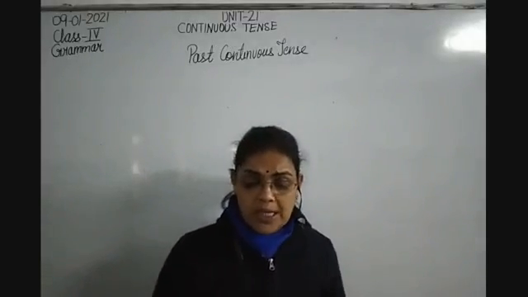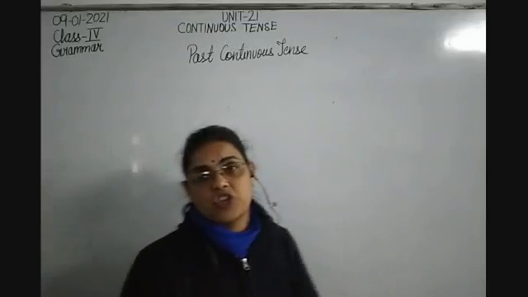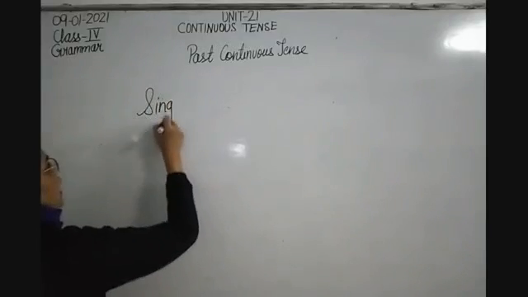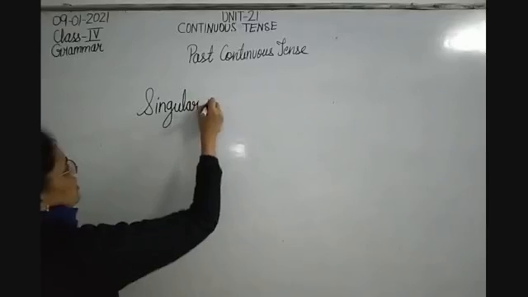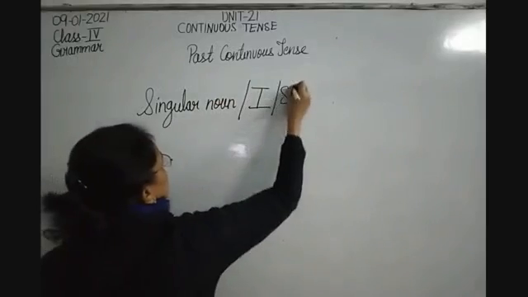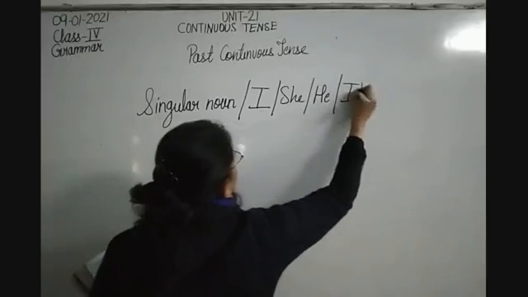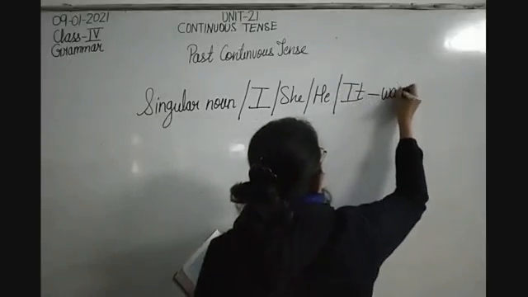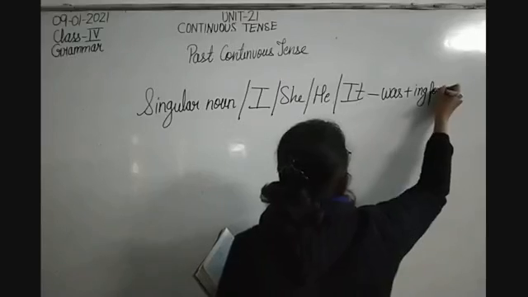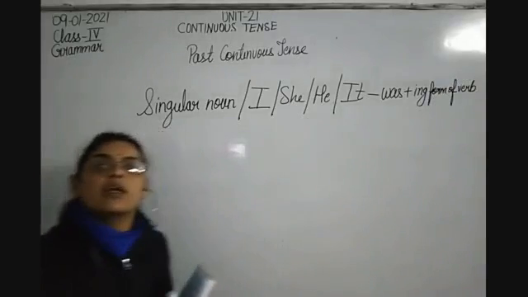We use was with singular nouns and with I, he, she, it, है ना. हम बेटा इसका formula क्या है? अगर आपका subject singular noun हो, I हो, she हो, he हो, it हो, तो आप was plus ing form of verb use करते हैं.